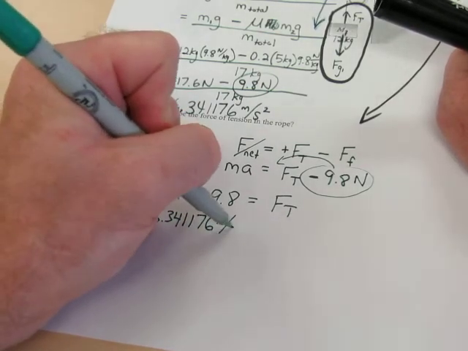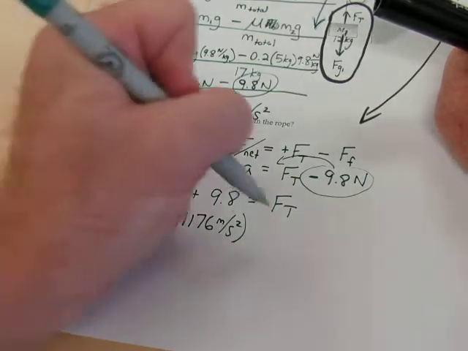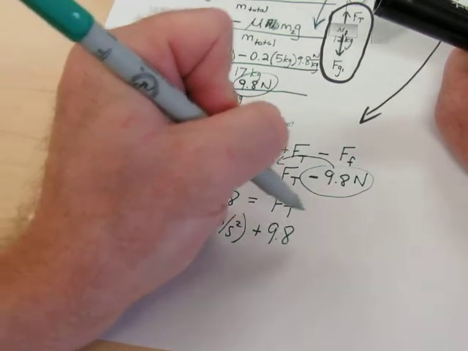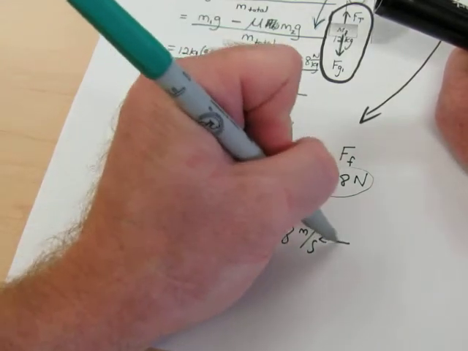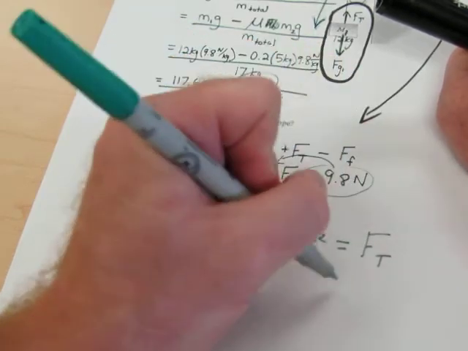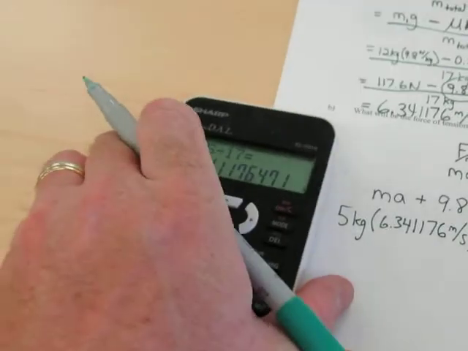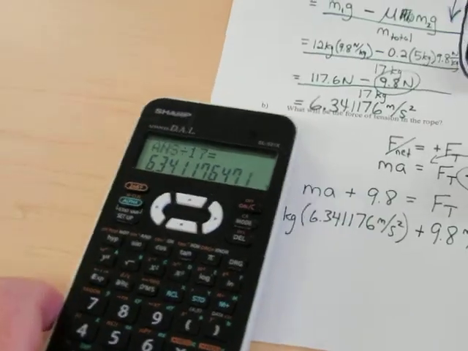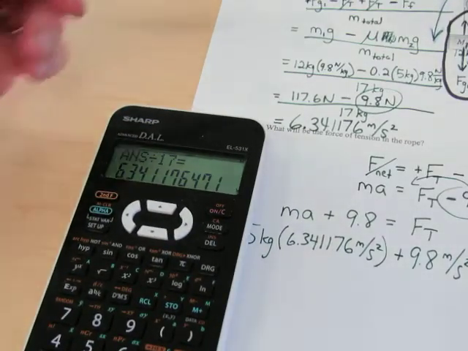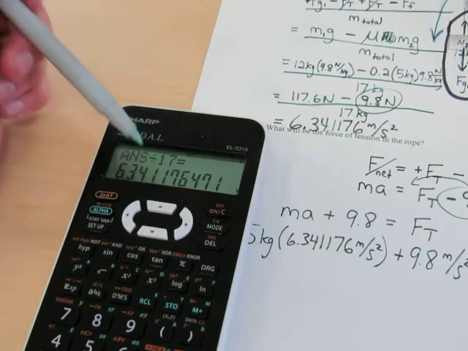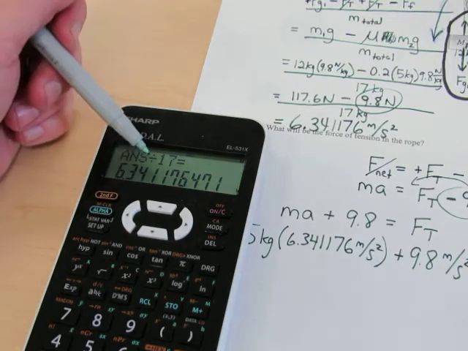6.341176 meters per second squared, plus 9.8 meters per second squared, is going to give me the force of tension in this question. And you may find when you pick up your calculator, since you haven't done really any calculations since, your acceleration answer is still waiting for you, uncleared on your calculator.